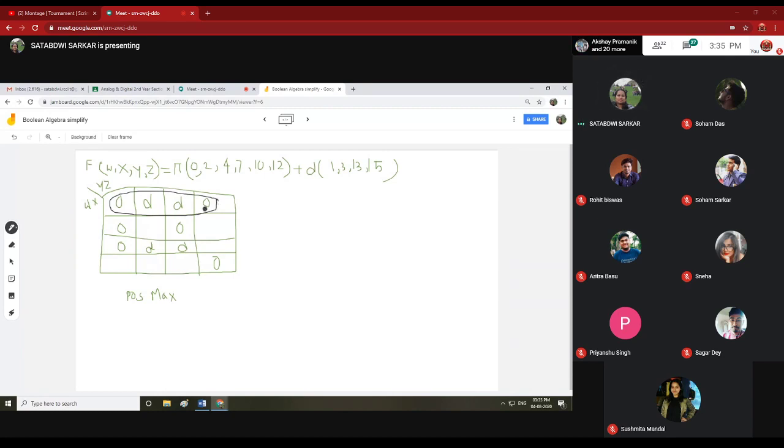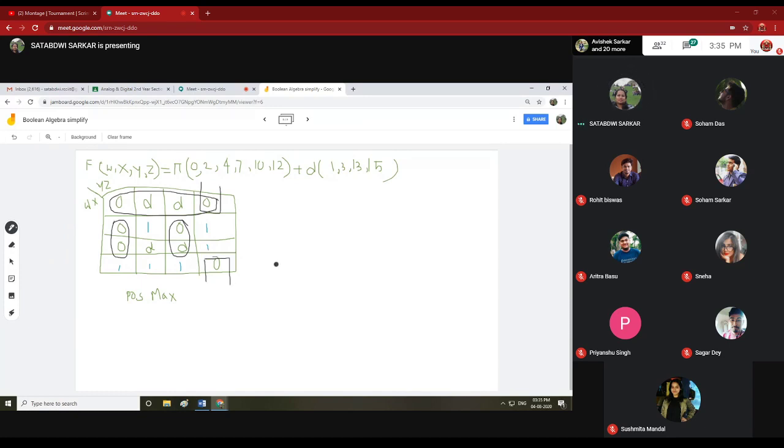Now we can make this, and also this, and the remaining ones I can put here. Here 1 0 is present, so we can make a group with this 0.